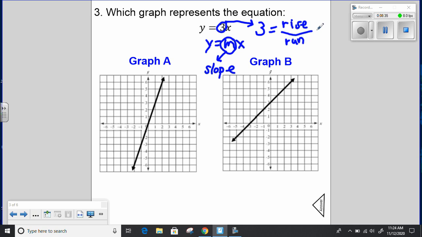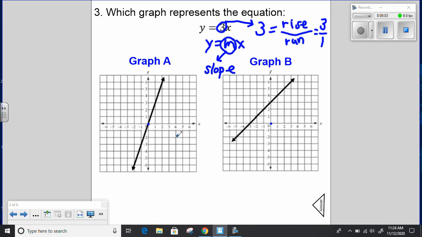But we don't need to worry because anytime we've got a whole number like this, we can put it over 1 because 3 divided by 1 still equals 3. 3 over 1 and 3 are the same thing. So now I know I'm looking for a rise of 3 and a run of 1. Another thing that's really special about this kind of graph, when we see a multiplication graph like this, it's called proportional, is that the graph should always go through the origin, 0, 0.